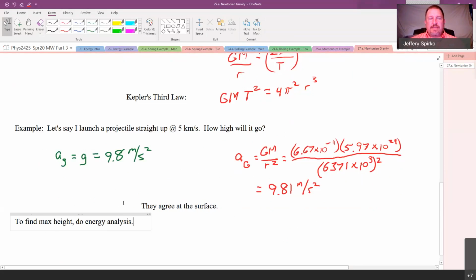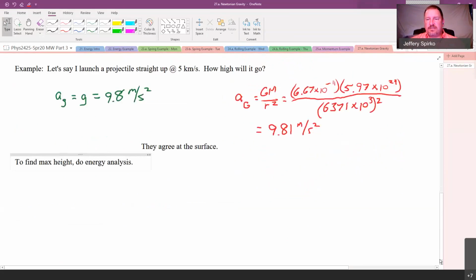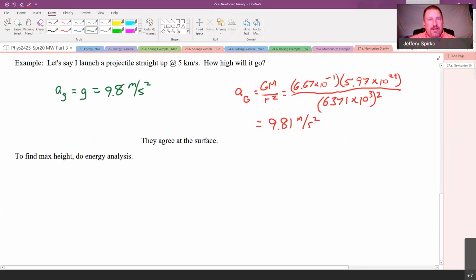But if we're going to find the max height, we need to do energy analysis. Now with regular gravity, we can just say that K initial plus U initial is equal to K final plus U final. We don't have any work due to a non-conservative force, so we don't have to worry about that.